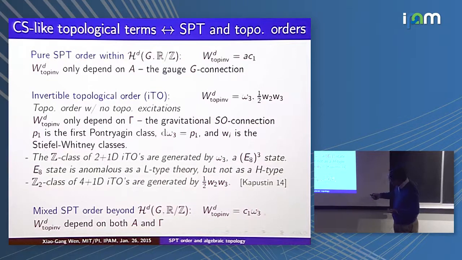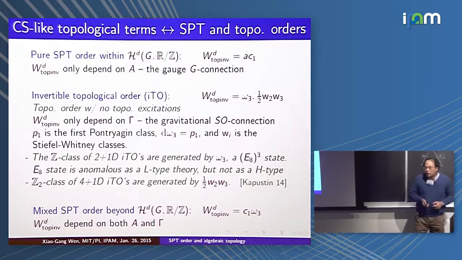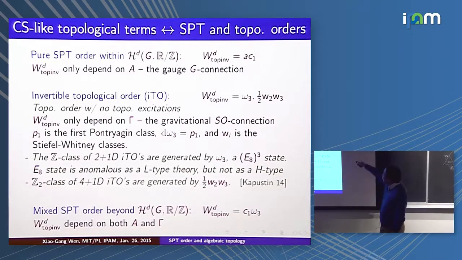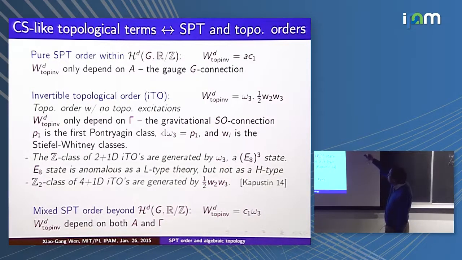This mixed gauge-gravity topological invariant would give rise to mixed SPT order. Therefore, what we did before is that we used this nonlinear model to produce this. We see that the nonlinear model of the L-type theory described before can produce this kind of topological invariant. So the next question is: what kind of L-type theory can produce this kind of topological invariant with both gravity and the gauge connection?